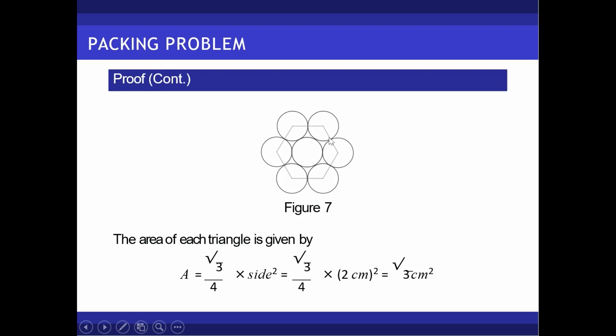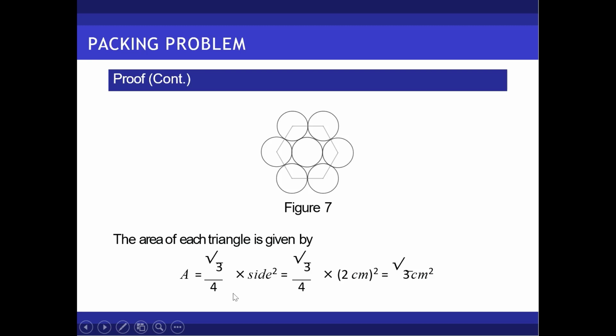So the side of each triangle is 2 centimeters, as the side of the hexagon covers the two radii of the two circles. We will use this formula to compute the area of each triangle.